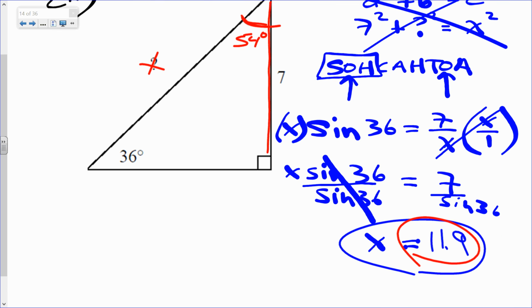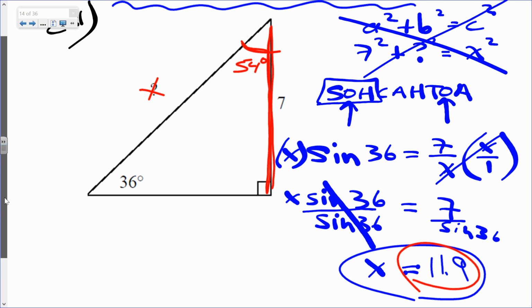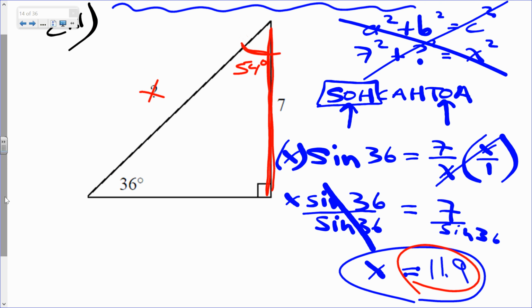Watch this. So 54 degrees. Look at the side 7 now. Side 7 is what in relation to 54? Is it the opposite, the adjacent, or the hypotenuse? It'd be adjacent. Adjacent is mentioned here for the cosine. It's also mentioned in the tangent. But let's keep going.